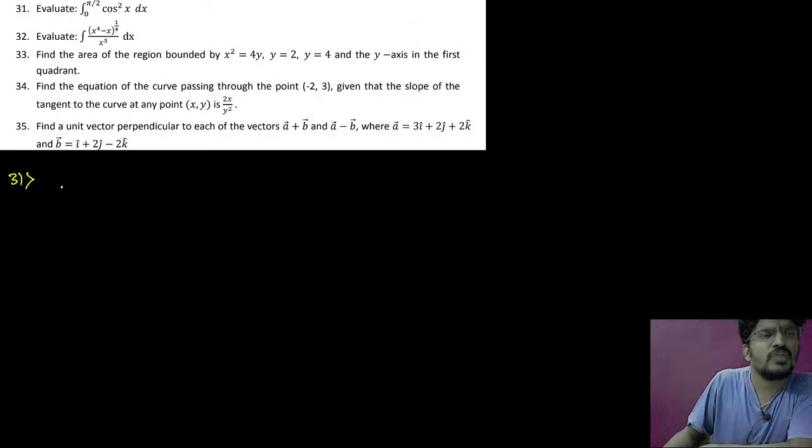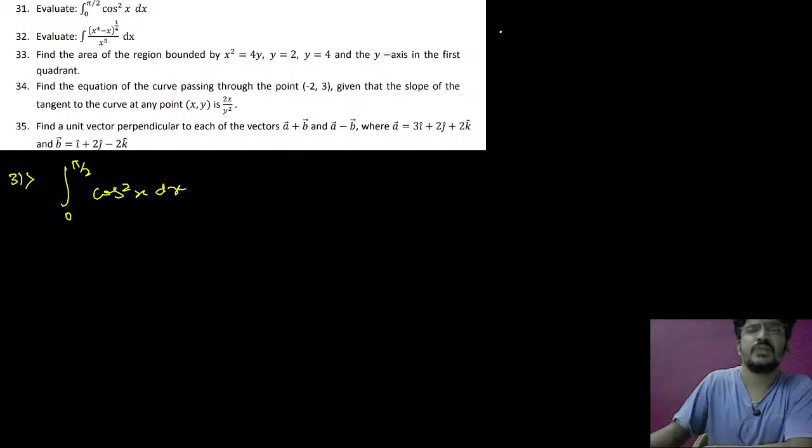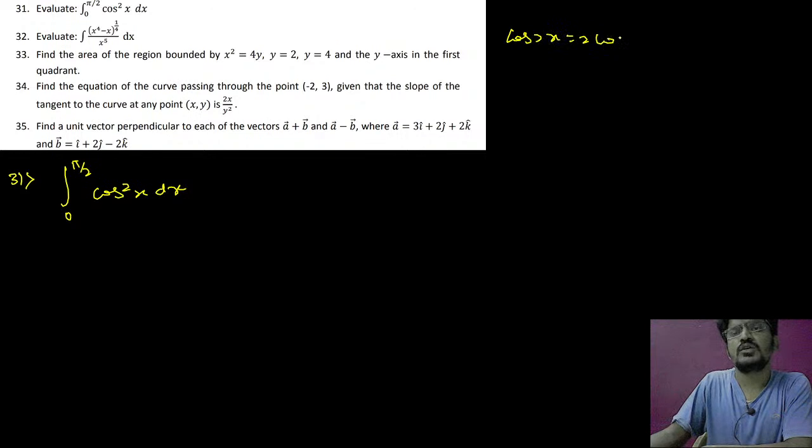Now we can go for problem number 31, that is integration from 0 to pi by 2 cos square x with respect to dx. Okay, so we all know that cos 2x formula is 2 cos square x minus 1. So now cos square x will be equal to cos 2x plus 1 divided by 2.